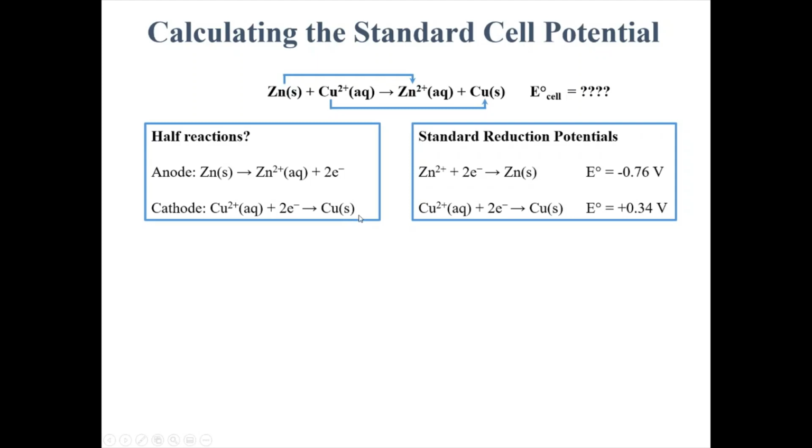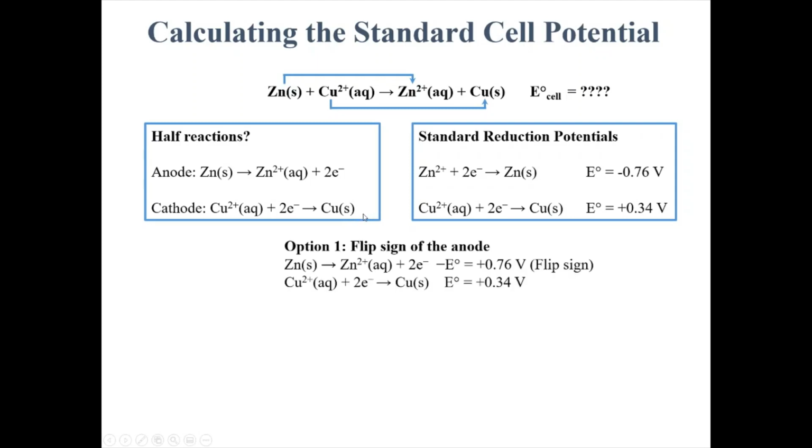Now, if we want to figure out the cell potential, we have 2 options. So option 1 is we can say, well, the copper 2 plus 2 electrons goes to copper. That's the same as this exact standard reduction potential, so we can throw that in here. We notice, though, that the zinc anode is flipped. So relative to the standard reduction potential, this is going in the other direction.